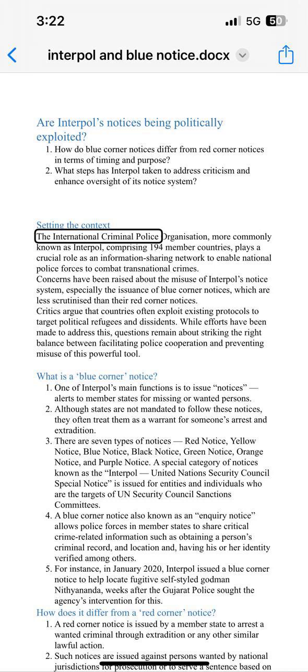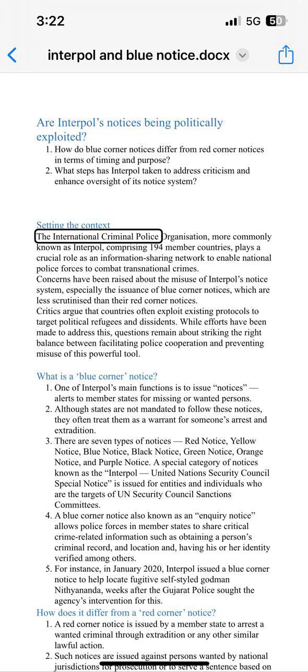That means red color notices are the mediums or means through which the country in which an offense has been committed by a criminal or accused of another country, or who has taken shelter in another country, would seek information from the Interpol about the arrest of the person, that is the culprit, for prosecution and also for conviction, that is sentence.